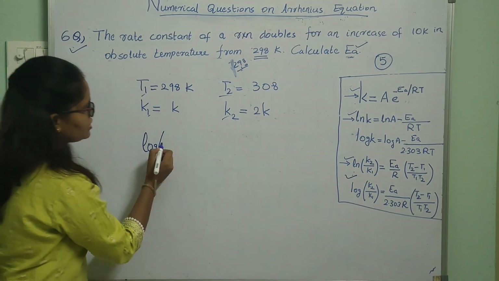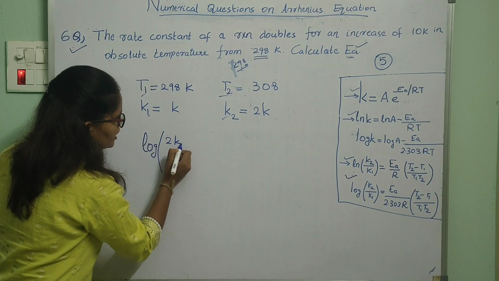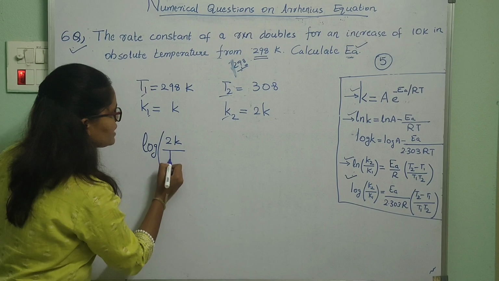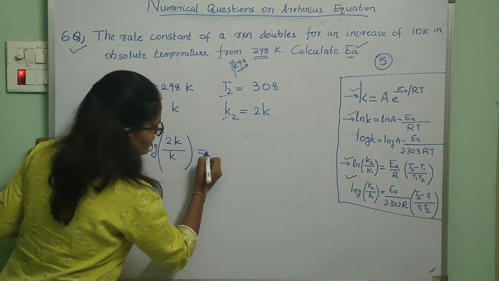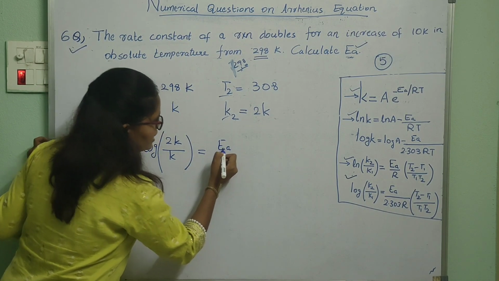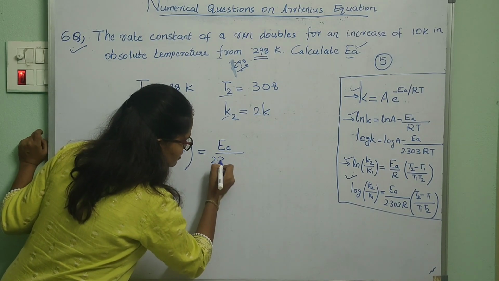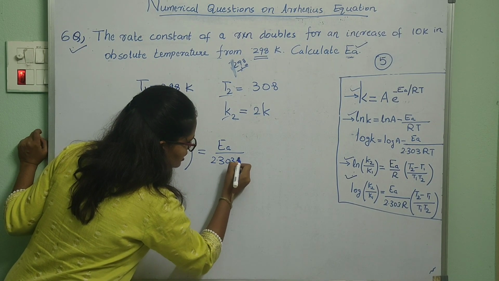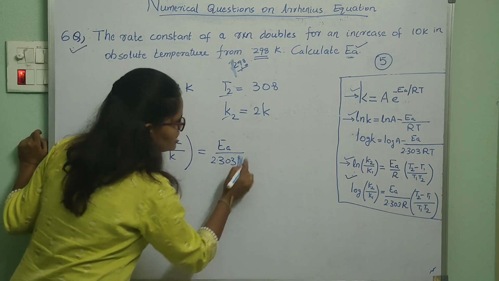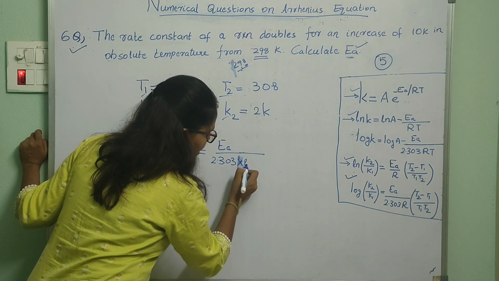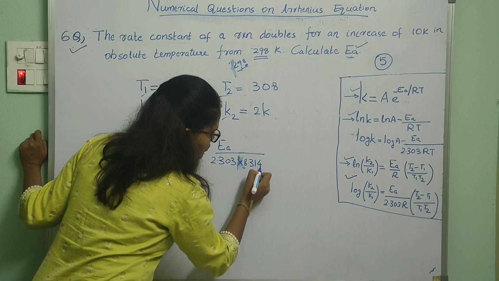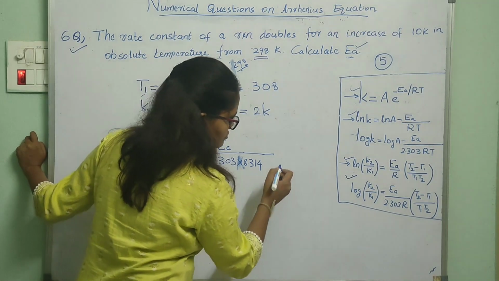So what is K2 here? It is 2K. What is K1? It is K. EA is not known, that we have to find, and the denominator is 2.303 R. What is the value of R? 8.314. Okay.